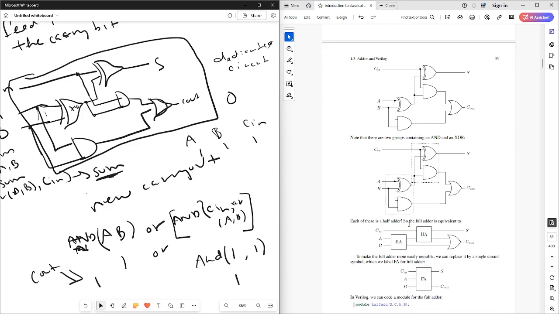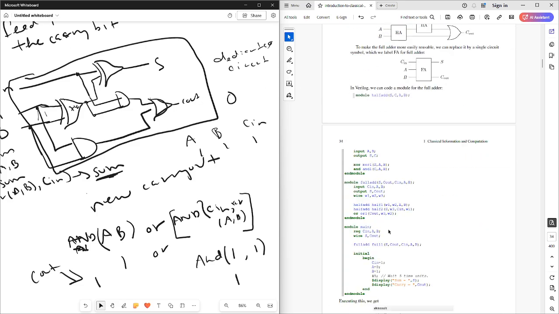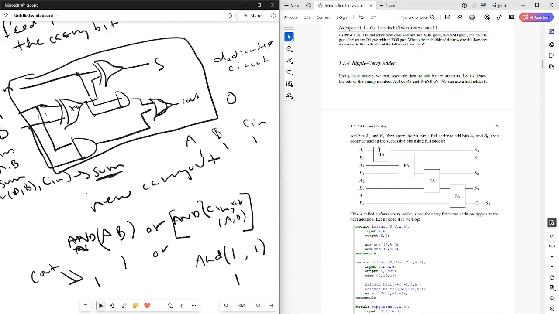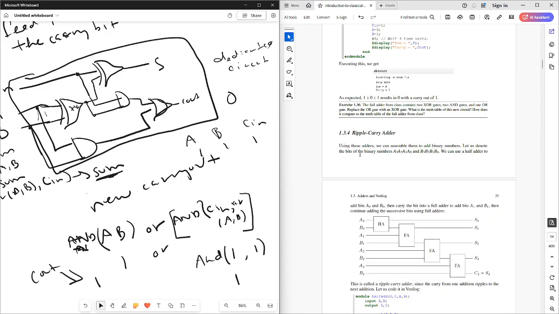Okay, let's move on. So yeah, the ripple carry is what I was discussing there.